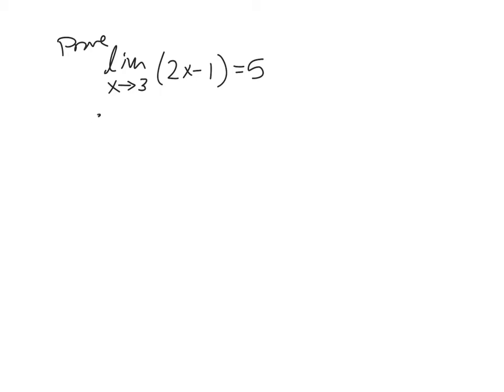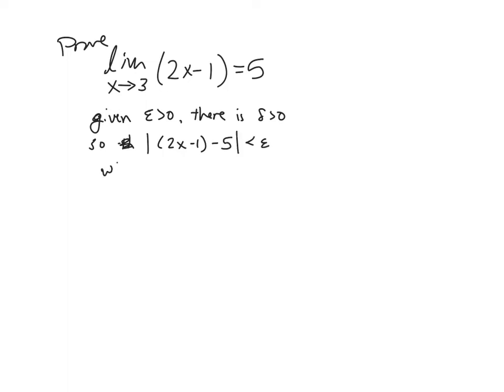So what that means is, again, my definition is given epsilon greater than 0, there is a delta greater than 0, so that the absolute value of f of x, which is 2x minus 1, minus L, which is 5, is less than epsilon whenever 0 is less than the absolute value of x minus 3 is less than delta.